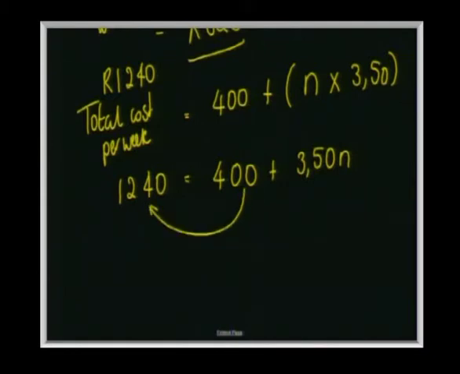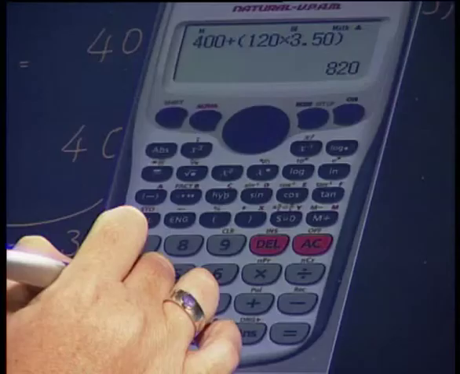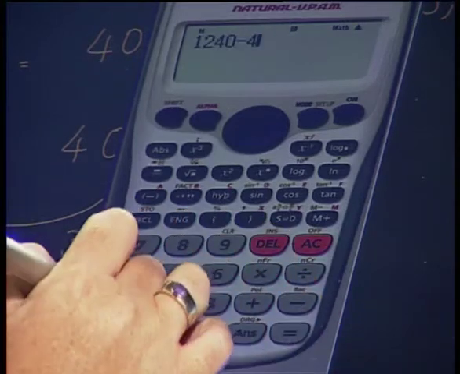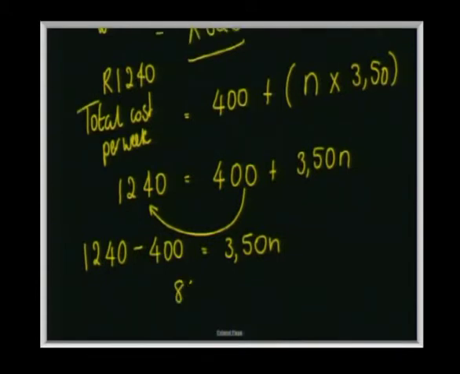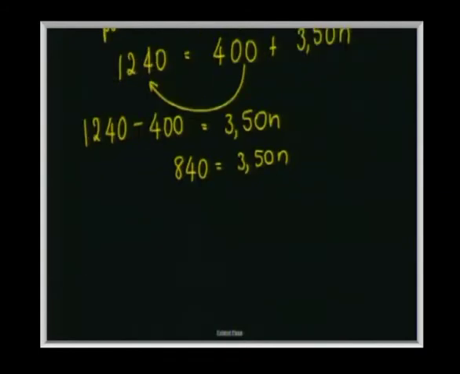I'm going to move that to the other side, remembering to change my sign. So it's going to be 1,240 minus 400 is equal to 3 Rand 50 N. If I say 1,240 minus 400, I get 840, which is equal to 3.50 N. I want N by itself, so I have to divide it by 3.50.